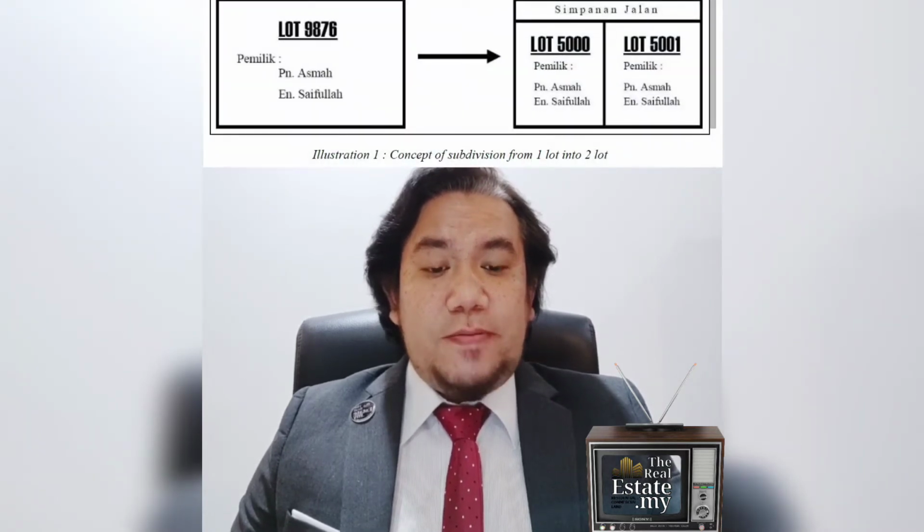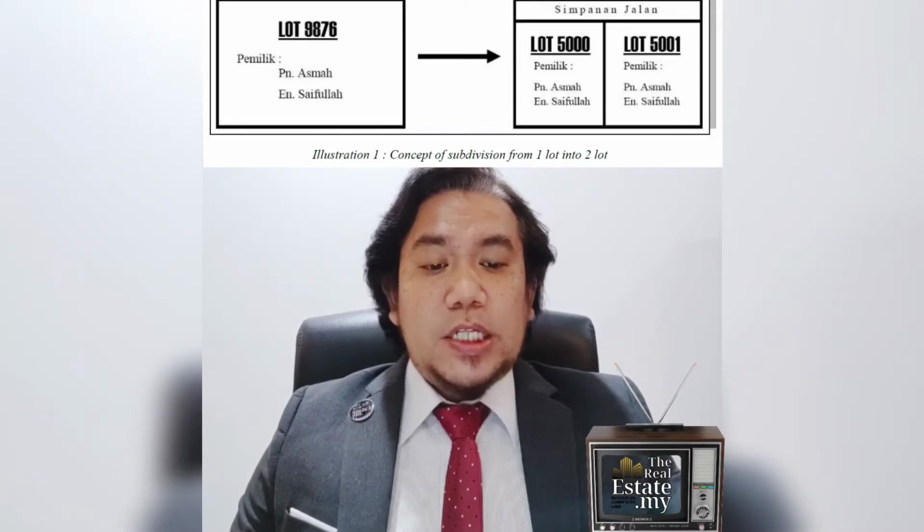Illustration of the concept of subdivision from one lot into two lots as mentioned above. This requirement is intended to ensure that the subdivision of land is done in order to prevent any negative outcomes.